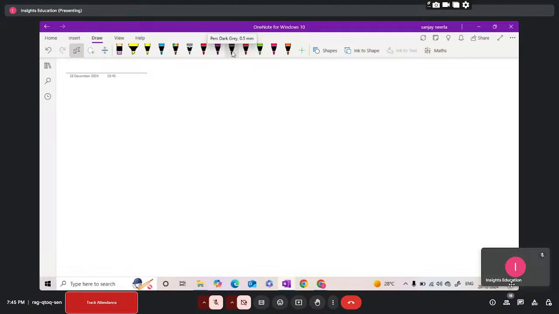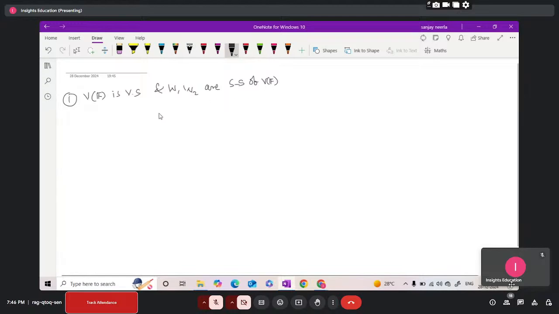Now the first problem. Assume V over F is a vector space and W1, W2 are subspaces of V over F, and the dimension of V over F is equal to 4, the dimension of W1 is equal to 3 and the dimension of W2 is equal to 1. Then which of the following is correct?